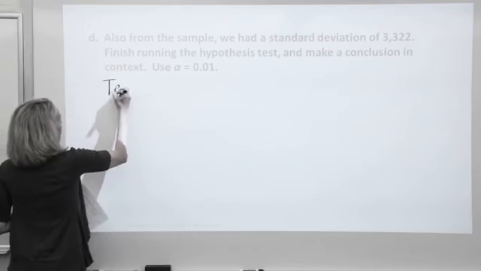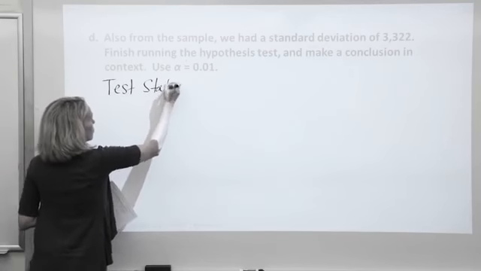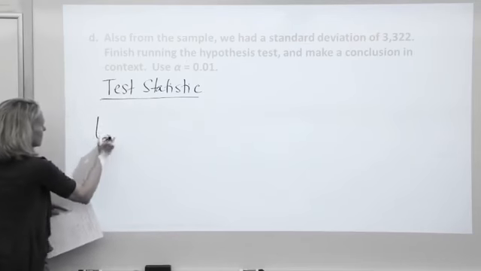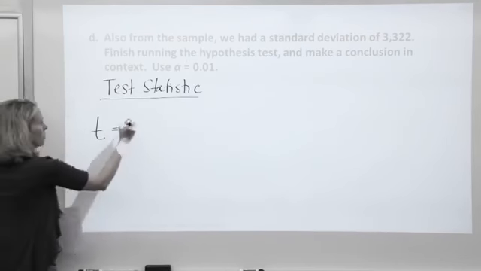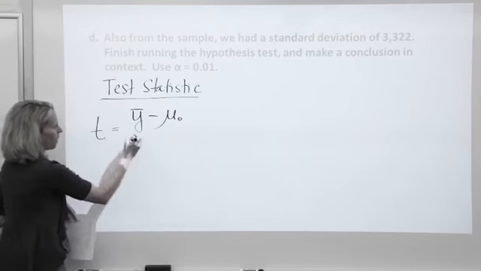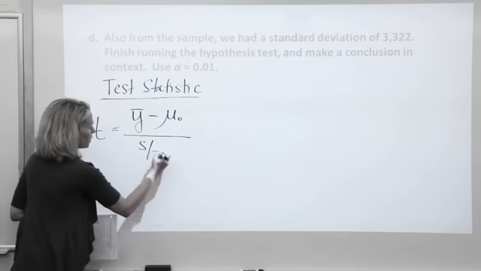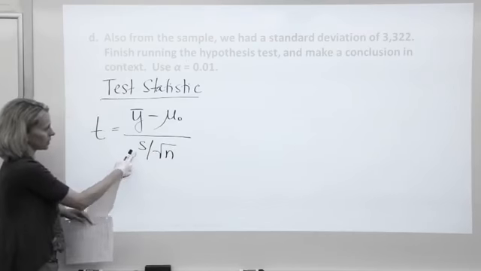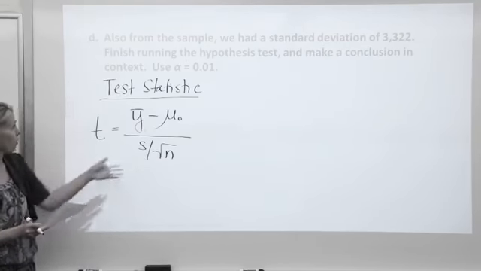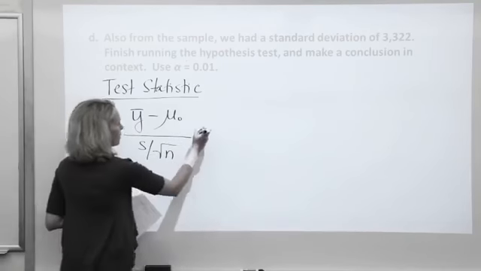So this was a mean problem. So for your test statistic, you're going to compute a t-test statistic, where you look at the sample mean, see how far that is from the hypothesized mean, divide by the sample standard deviation, divided by the square root of n. And we have all these numbers here.